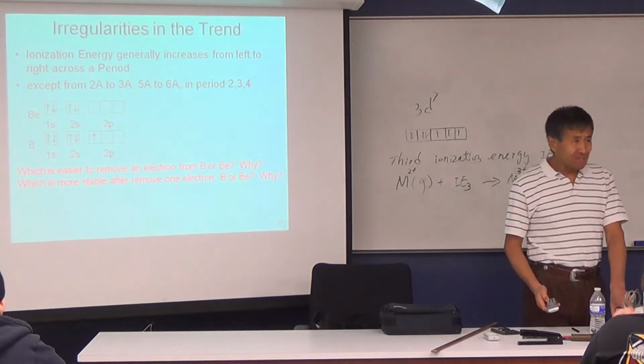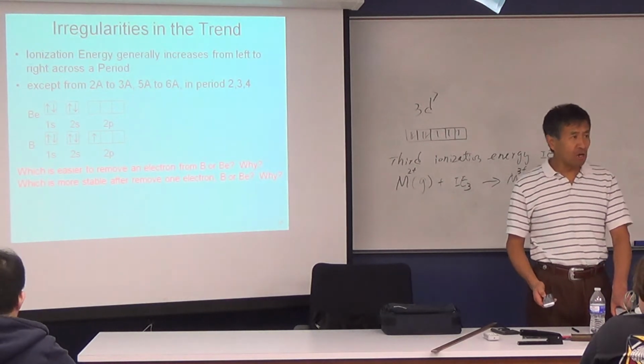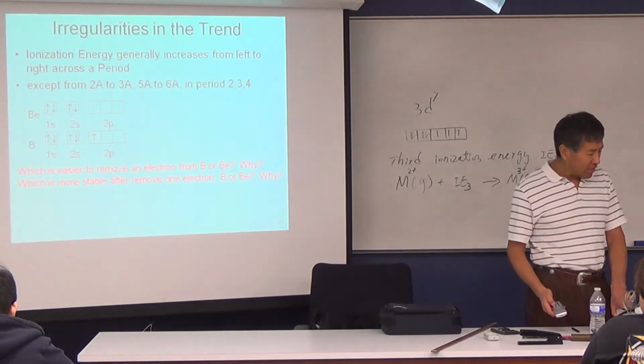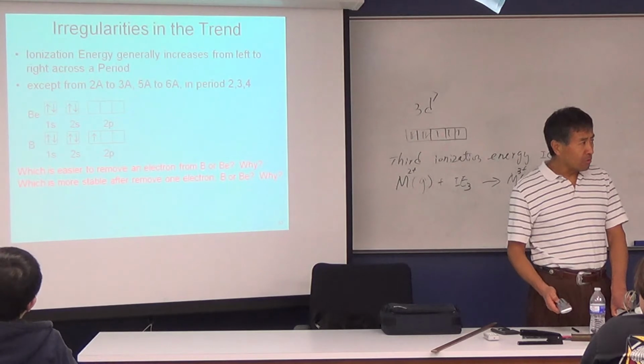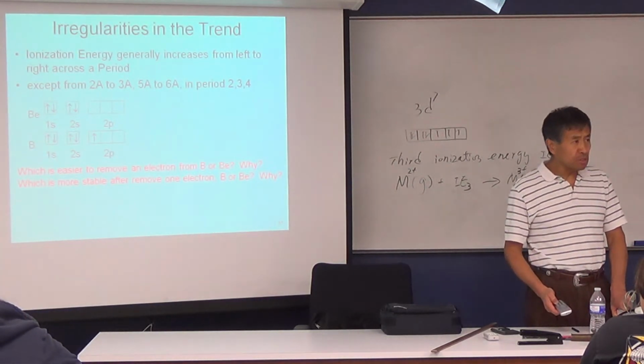Okay, so we said that is because of the electron configuration. Let's compare the electron configuration, for example, between one pair of atoms, beryllium and boron. Beryllium is in group 2A, and boron is in group 3A.